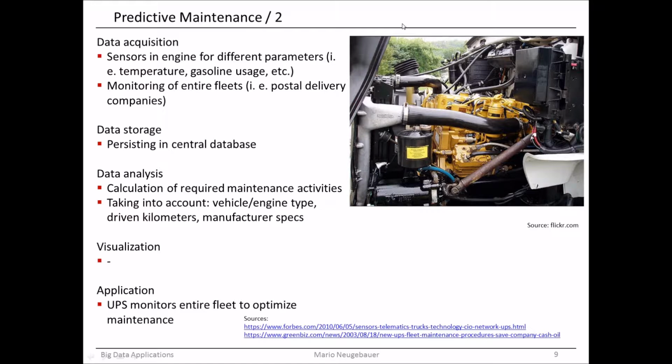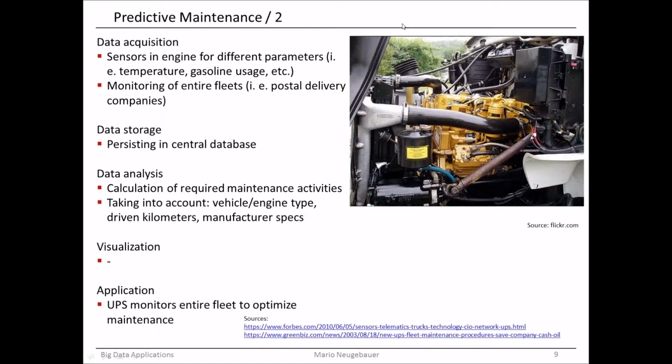If it's enough to analyze the data later on, if real-time processing is not that important, you could transfer the data, for example, if you are in the Wi-Fi network in your depot. And finally, in both ways, you somehow persist the data in a preferably centralized database.